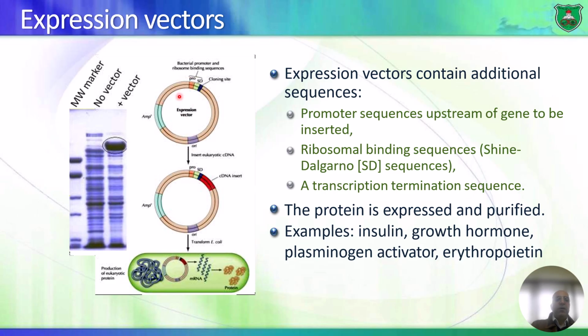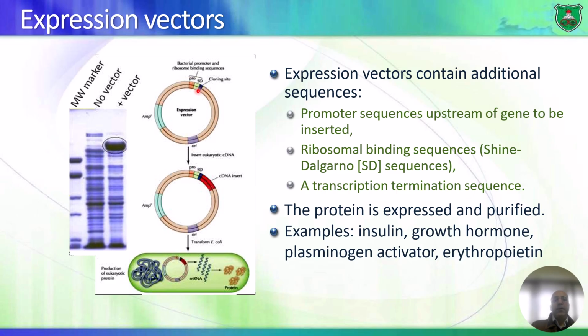So I'm going to have a promoter that works. And then I need a cloning site, of course, where I can place that gene downstream of the promoter. So I'm going to have the promoter right here. Downstream of the promoter, I can clone the gene.